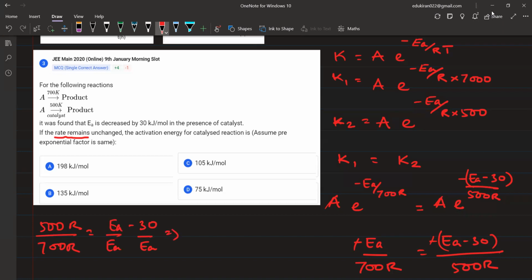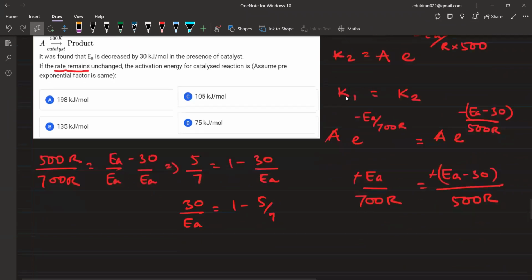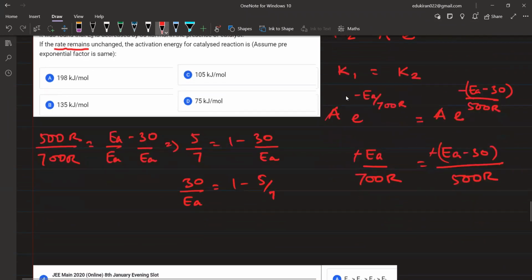So this will be equal to 5 by 7 equal to 1 minus 30 upon EA. So I can write 30 upon EA is equal to 1 minus 5 by 7.